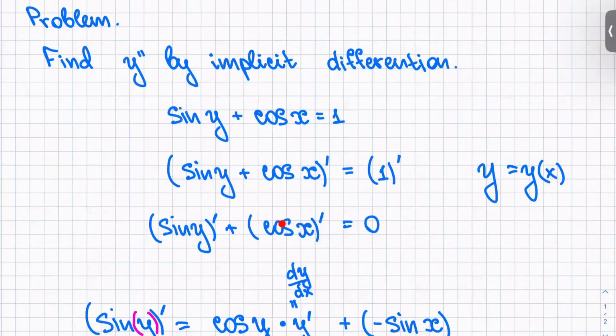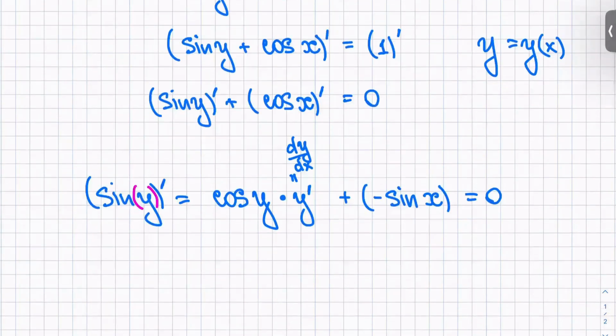We just have cosine, our function, which depends on x, which is the independent variable. So we just simply find the derivative of it. And then we just write it equal to 0, dear students, because this is our right-hand side. So let's see what we will get. We will get that cosine y multiplied by y prime minus sine x is equal to 0.